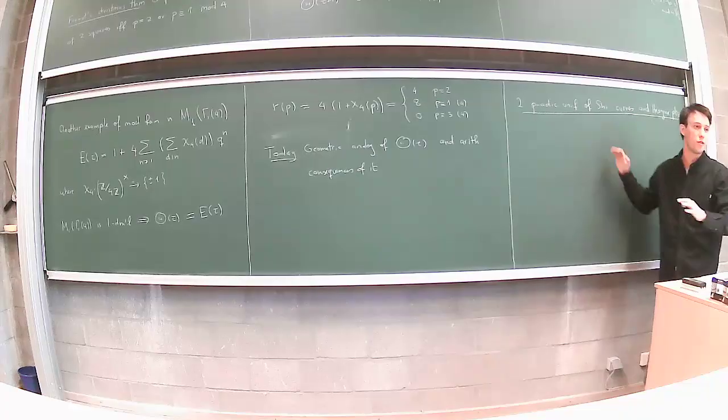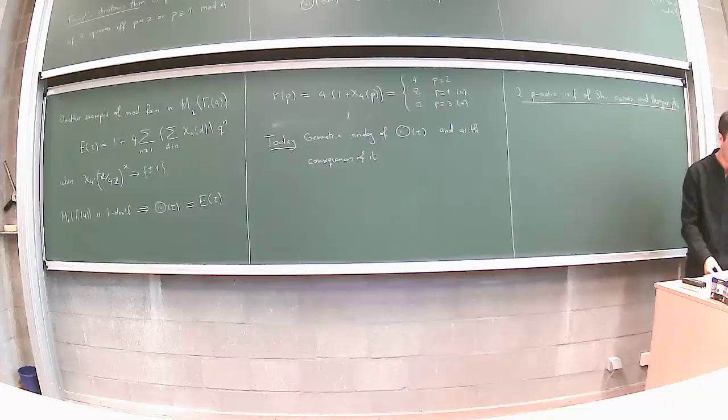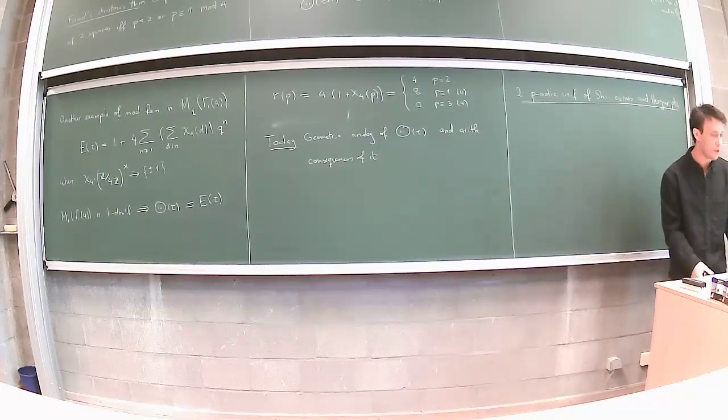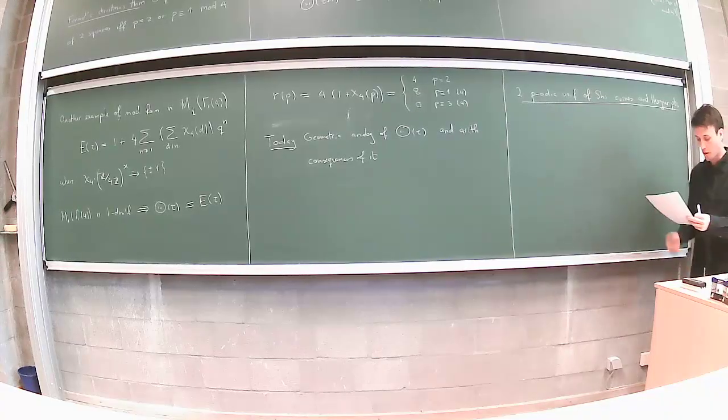But let me say that I'll focus on this geometric generalization, but there are many ways to generalize this theorem. So I'll stay in a particular case that can be studied using this p-adic theory. Okay.